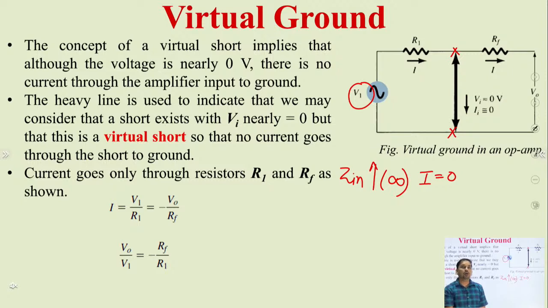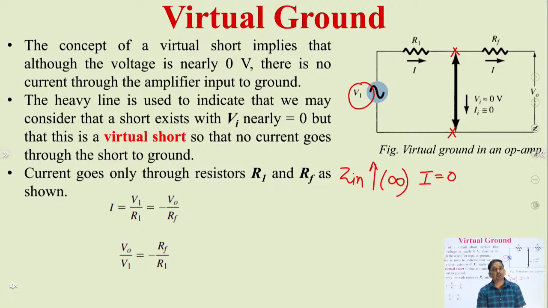So these two terminals, the inverting and the non-inverting terminals, are not actually grounded, but they appear as if they are grounded, because the current is 0. There is a very important point here: the input terminals of the op amp are at the same potential, which is called a virtual short.